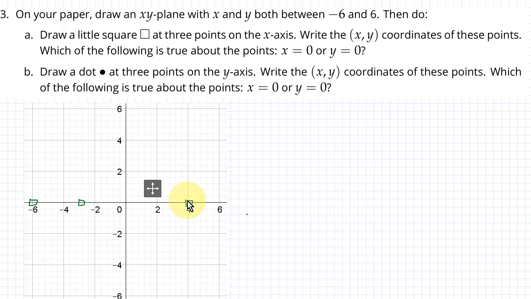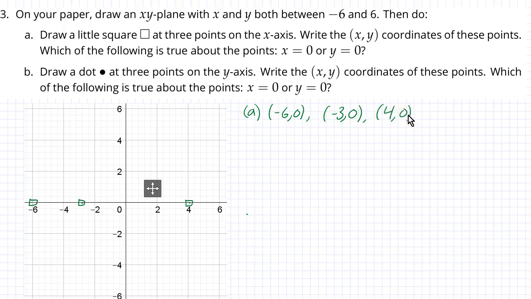Here's another one over here. Those points all have the same y coordinate. We're going to write their xy coordinates here. We have -6, 0, and -3, 0, and 4, 0.